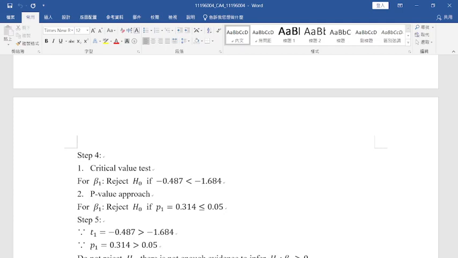As long as the critical value is set up, you have to divide the rejection region and non-rejection region. Now we are telling the critical value is positive 1.684. Now it turned out to be negative. So this is wrong.